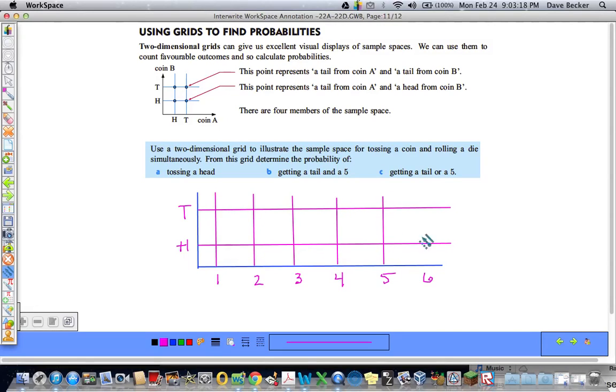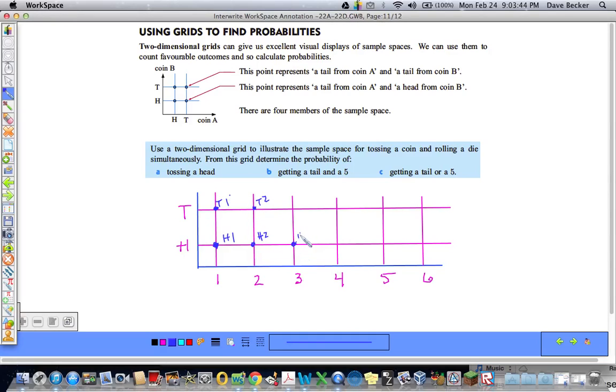So the intersections represent all of the possible outcomes. Yes? So each of these points here, this would be heads 1, this would be tails 1. Heads 2, tails 2.